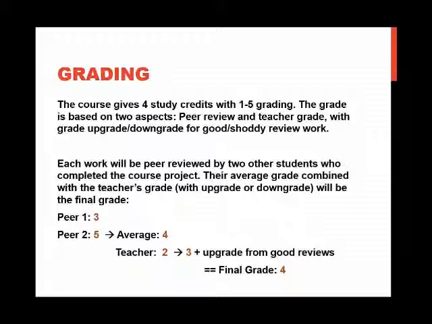So, a couple of points why this grading or peer review is important. Like mentioned on the first lecture, the grading is actually based on the average of the 2 people reviewing your work, my given grade, and possible upgrade or downgrade from your own reviews. So there's a sort of a calculation scheme for it. For example, here, the first and second peer reviews give grade 3 and 5, which is the average 4.